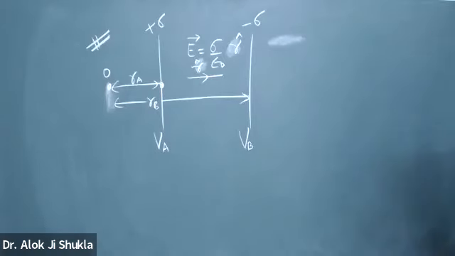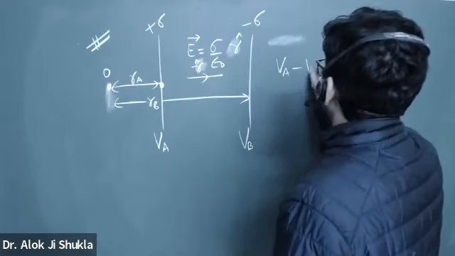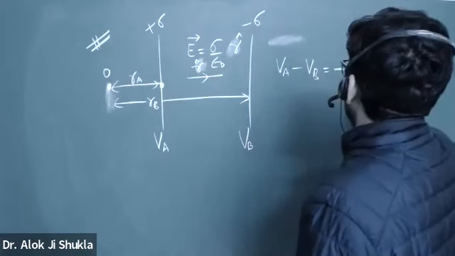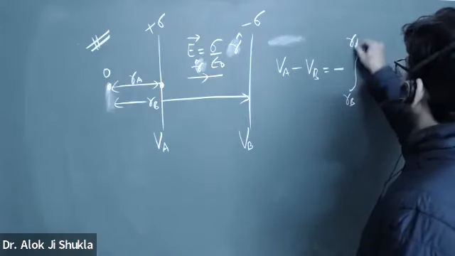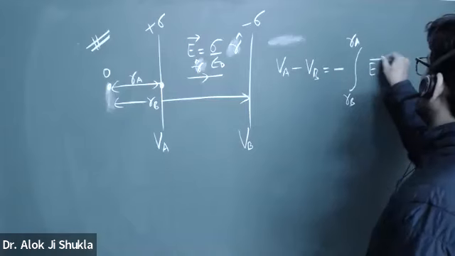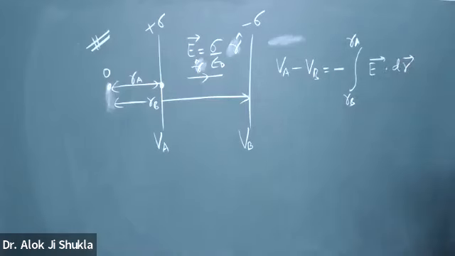Okay. So what is the potential difference if I want to know RA VA minus VB क्या हो जाएगा? Minus बोलो integral RB to RA E dot dr. यही तो होगा? अभी बताया भाई. Yes, sir.